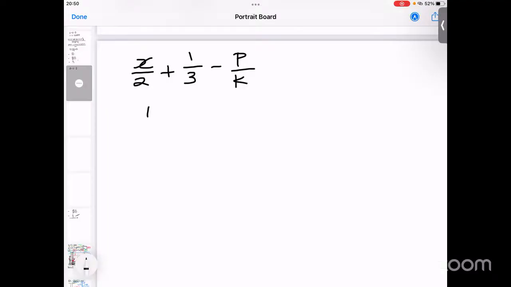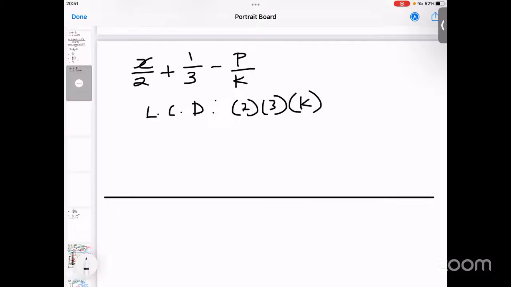Where are you going to start? You can still start with your LCD there. Definitely, you know that it has to be 2, it has to be 3, it has to be K. So that means you will have this big line where you will have your 2 there, your 3 there, and then your K. Guys, please trust me when I say you will never realize as you are doing maths that actually these are the same things that I'm doing.